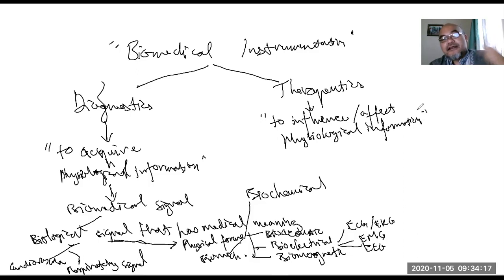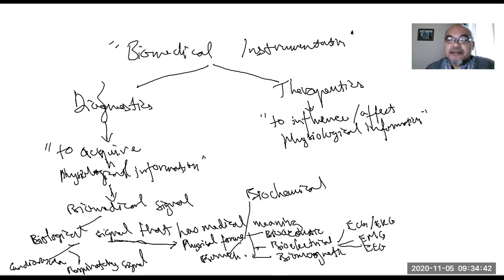It has a program to excite the heart with certain electrical stimuli, so that the heart can beat properly at the correct time. So this is the purpose of therapeutical biomedical instrumentation. One example which is quite well known or common is what we call the cardiac pacemaker.